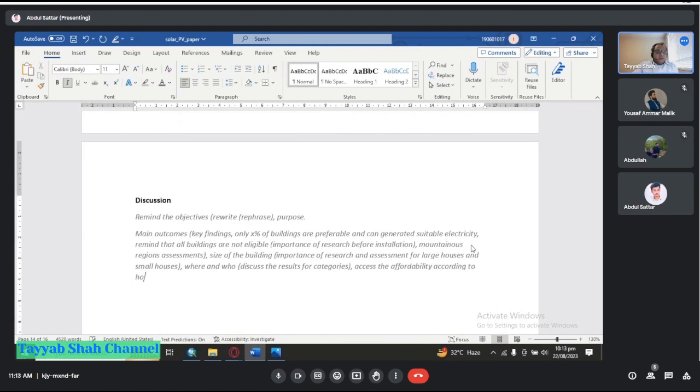We are asking the government to step in: the local governments, the provincial government, the federal government, and other international donors. We share these results and tell them there is a need, but most of the population cannot afford it.